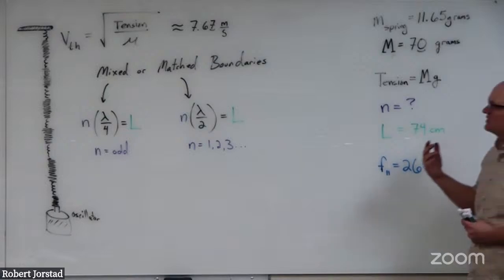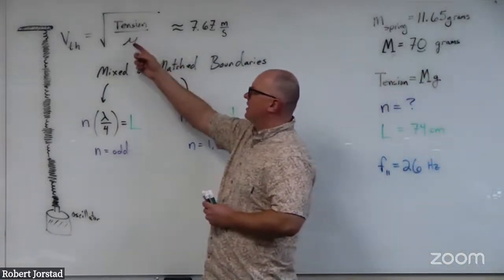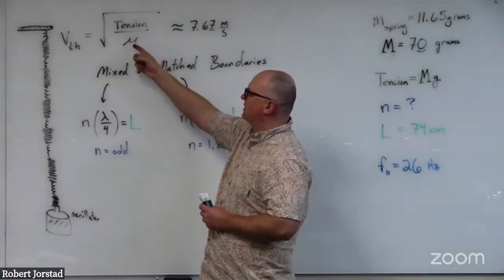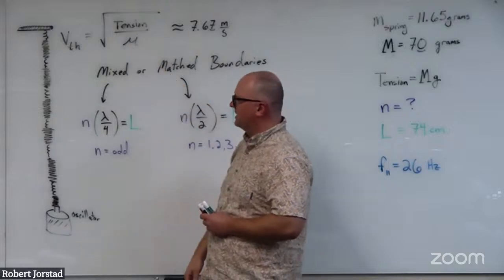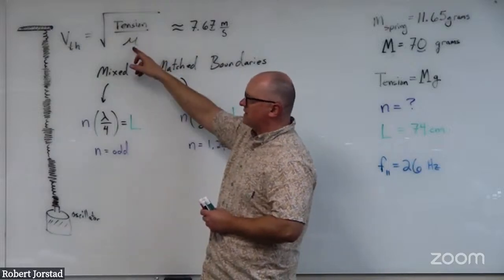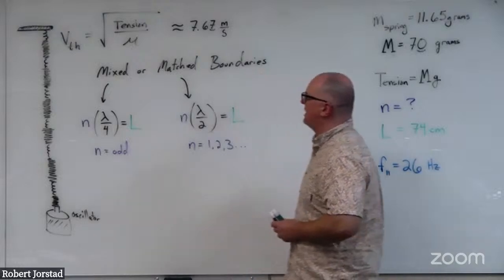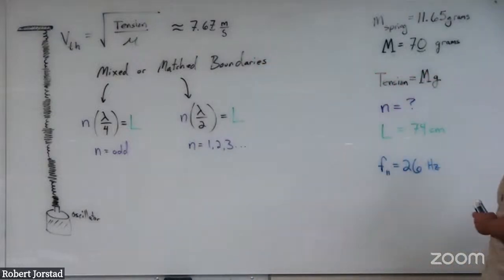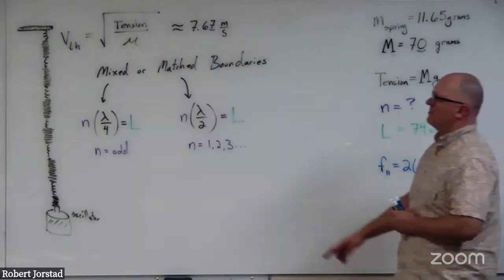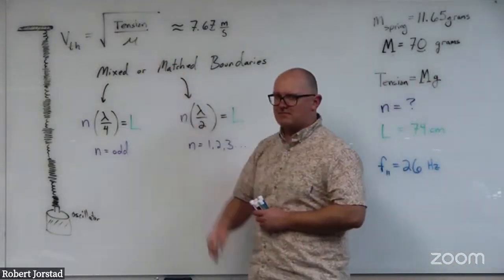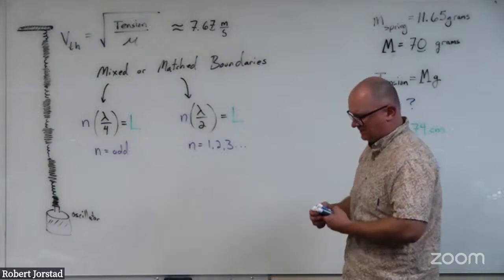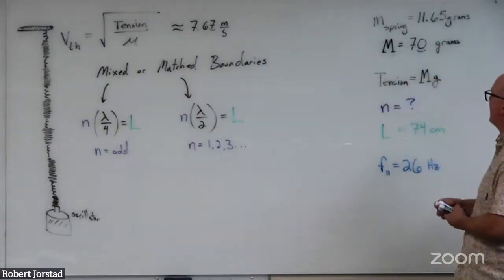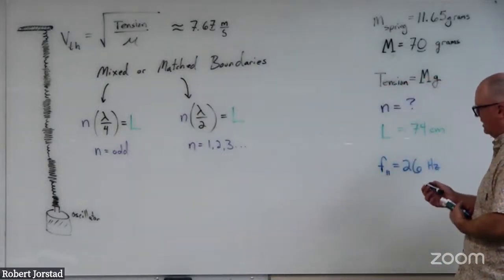So if we assume that tension over mu, tension over mass per unit length, should give you the wave speed, I found 7.67. Now you might think for a second, how did I get mu? How did I get mu to do this calculation? Okay, I'm going to tell you in 3, 2, 1.